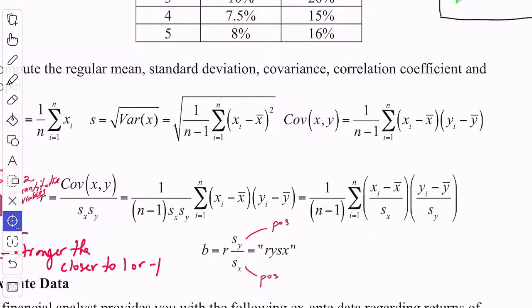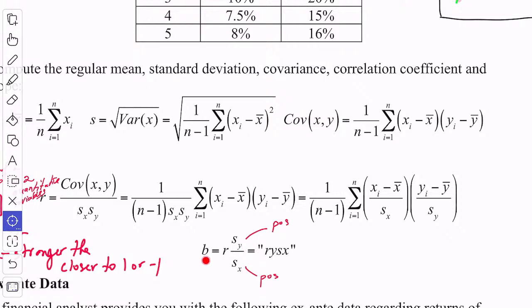And I call it risk, not by coincidence, not just because of the mnemonic, but what it represents. B gives you an idea of how sensitive returns for the company are. So Y, we always write them in a certain way.